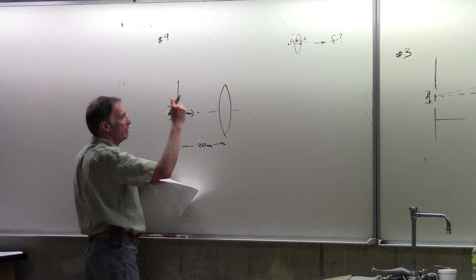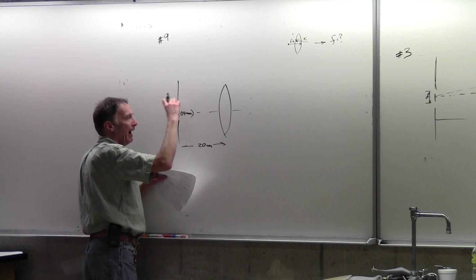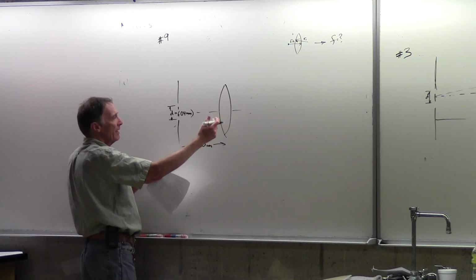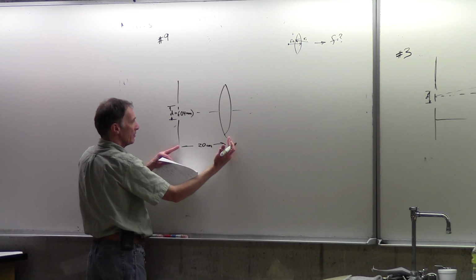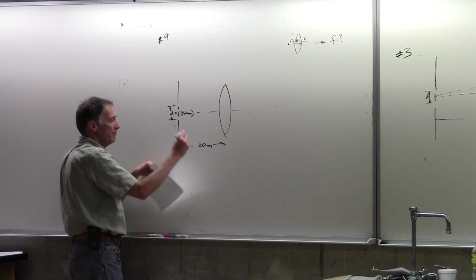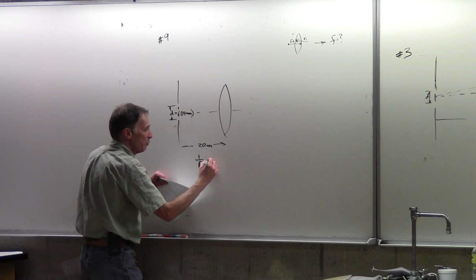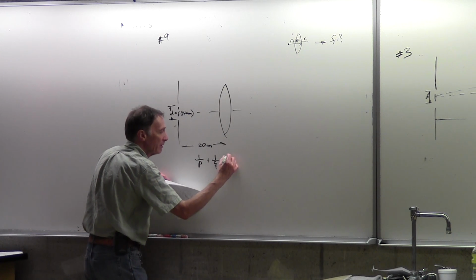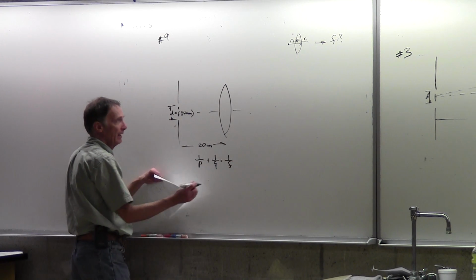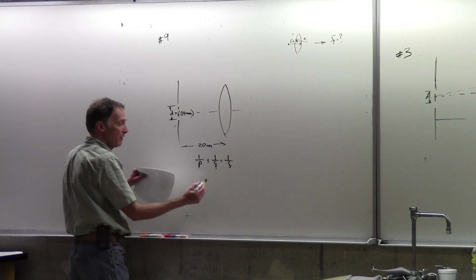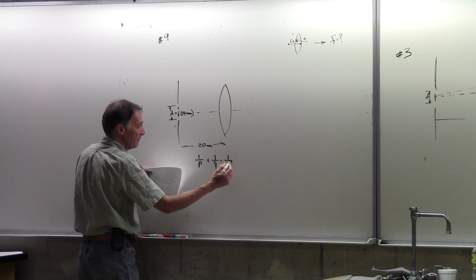What we want to do is deal with the slits as an object. Now, if you put a lens here 20 centimeters away, this becomes the object, and we're going to have 1 over P plus 1 over Q is equal to 1 over F. And again, we'll get that from the lens maker's equation, so we've got to piece that together.